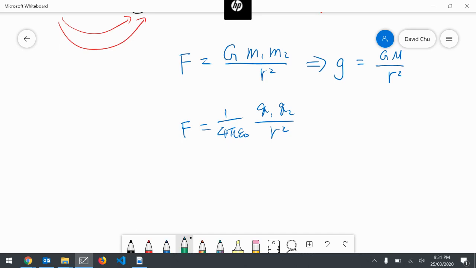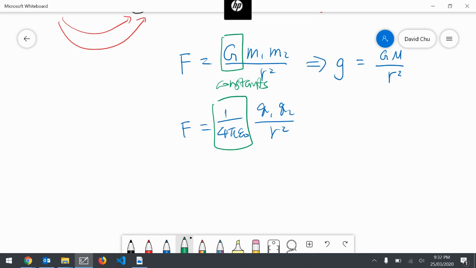I should note also that G here and this part here are constants, which means M and Q are similar quantities. Mass determines how much force you experience, and charge determines how much force you experience based on Coulomb's law.